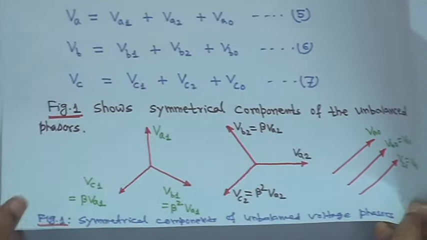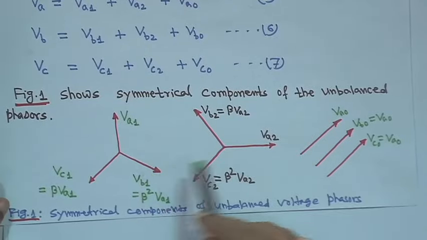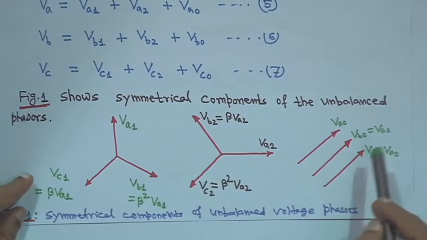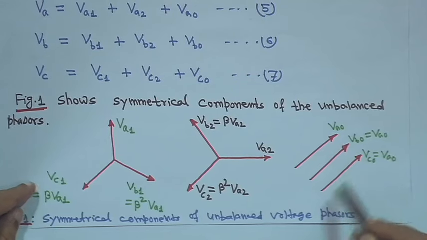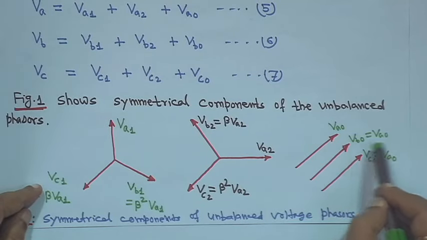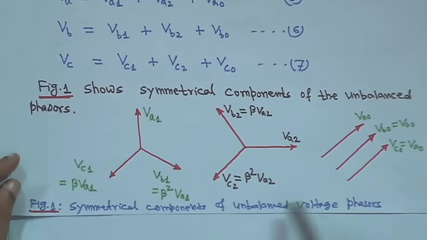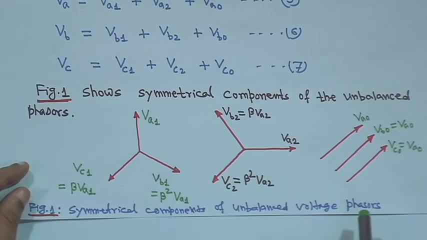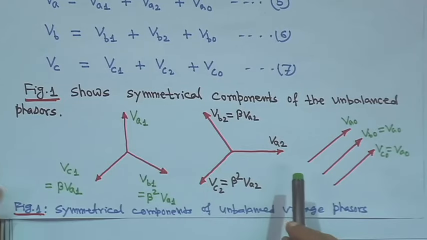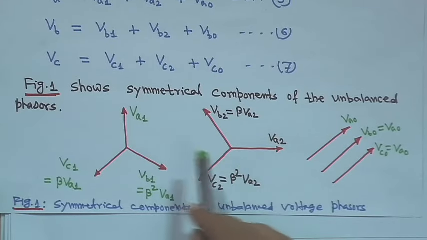And this is the zero sequence; they are all in the same phase. So Vb0 is equal to Va0 and Vc0 is equal to Va0 because they have equal magnitude. These are the symmetrical components of the unbalanced voltage phasors.